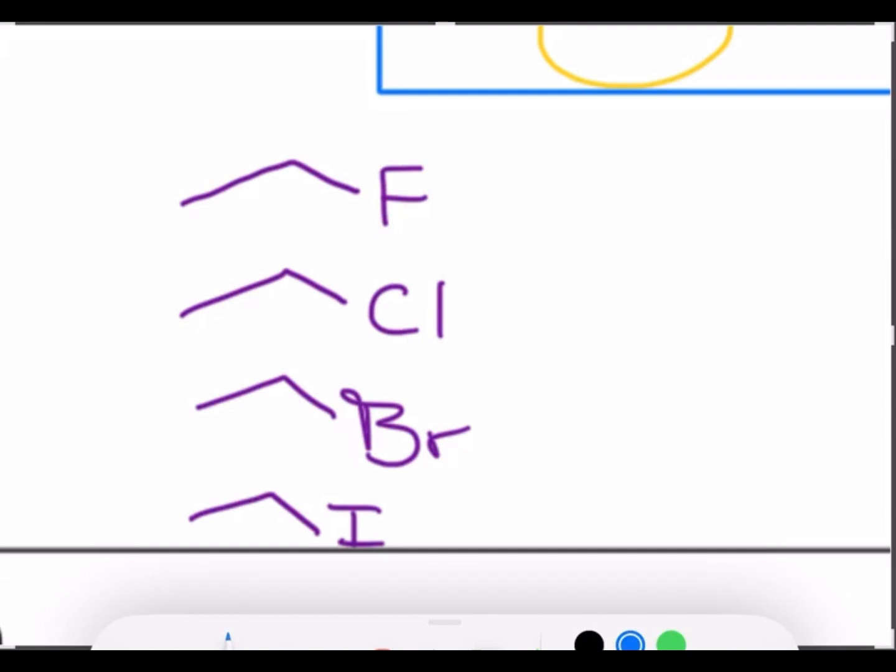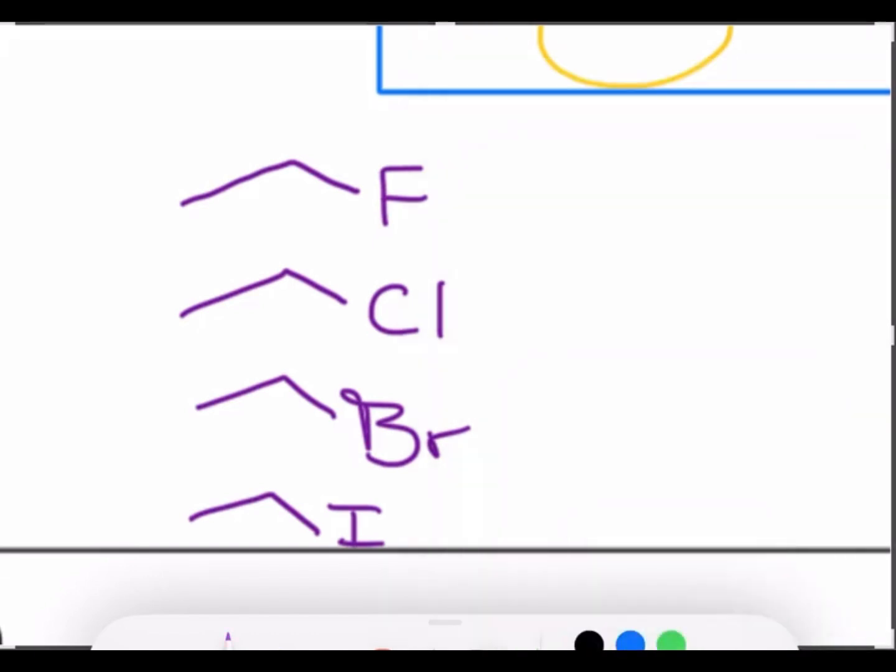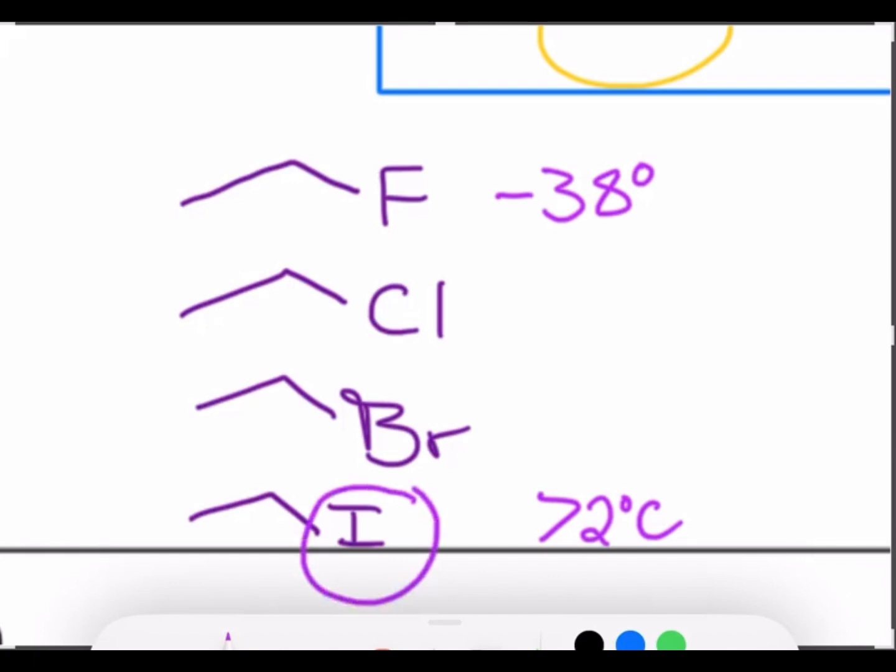Fluorine over here is going to have the lowest boiling point, and iodine is going to have the highest boiling point. Why is that? Iodine is a bigger molecule than fluorine.